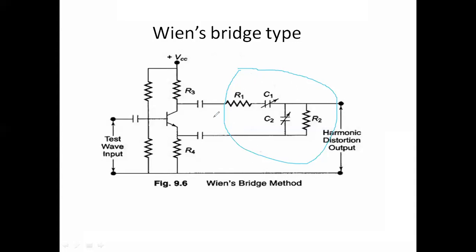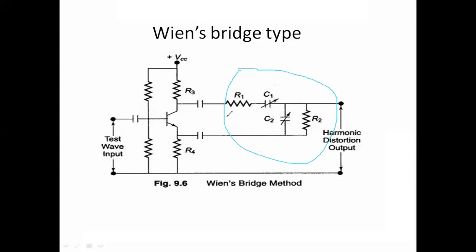Those signals are sent to the Wien bridge network combination. By applying the fundamental frequency and the distorted harmonic frequency components, the power of the fundamental signal will be suppressed by this Wien bridge arrangement.